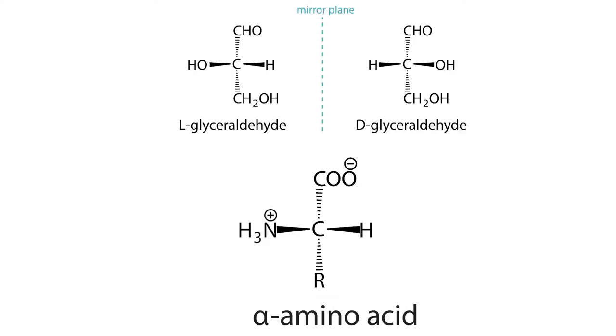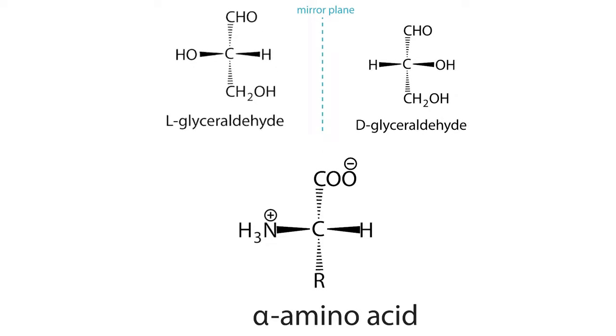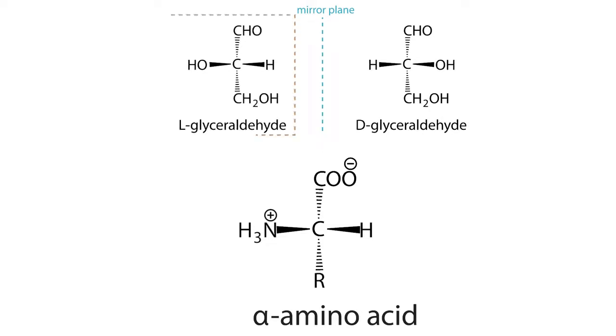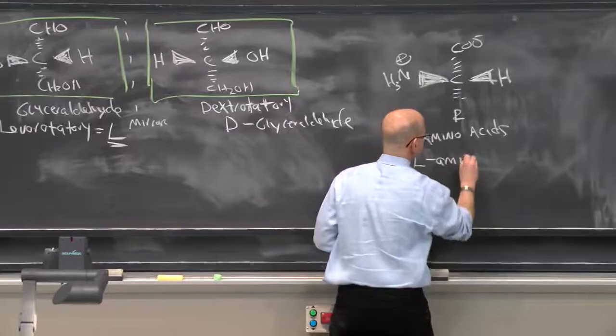So I'm putting the carboxyl group where the aldehyde group is, the R group where the alcohol is, the hydrogen where it belongs, and the amino group where it sits. This is what we really purify from real proteins. Does this look like the D isomer, or the L isomer? L. And as a result, we call these L-amino acids.